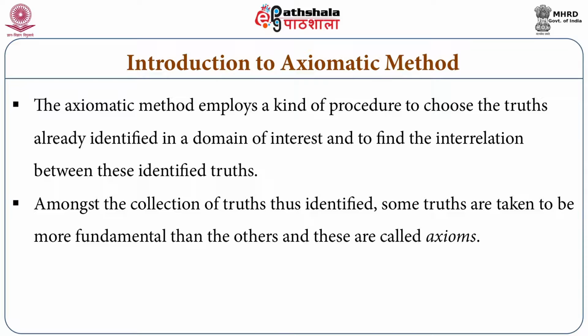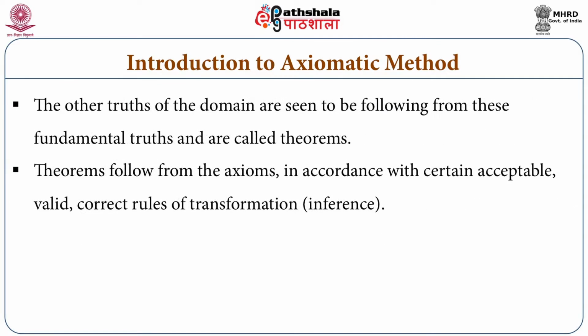Now the truths vary in terms of their truth claim. Those which are so fundamental to the system, which are kind of self-evident, are called axioms. And whatever we use these rules of inference to derive at certain truths are called theorems.